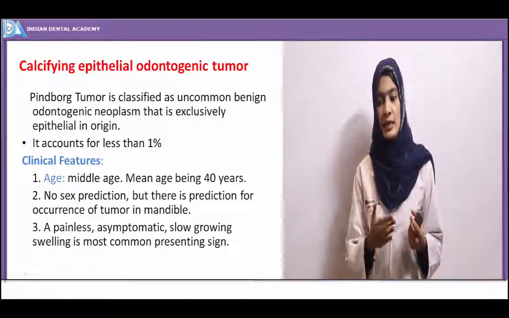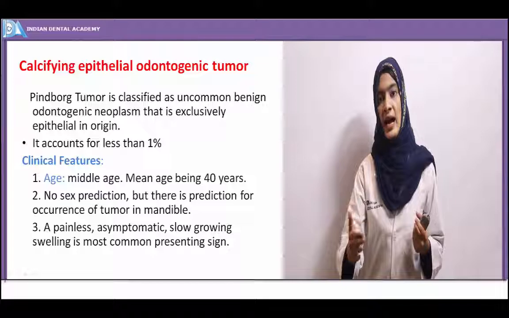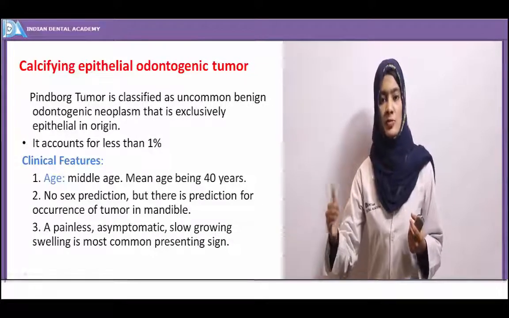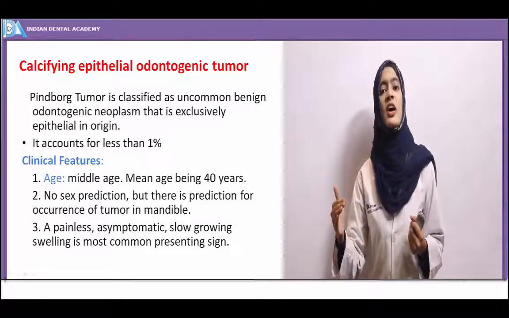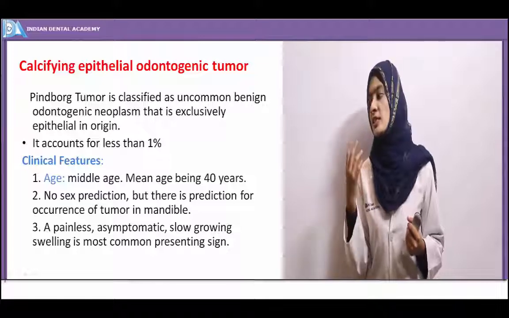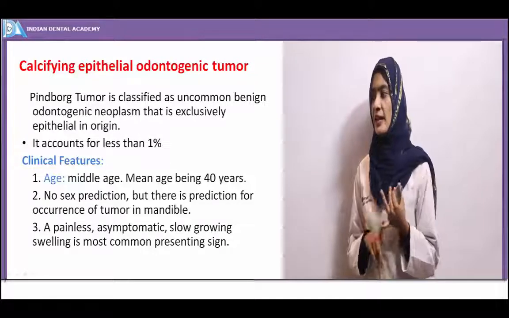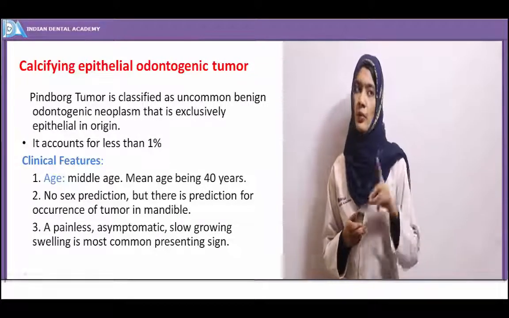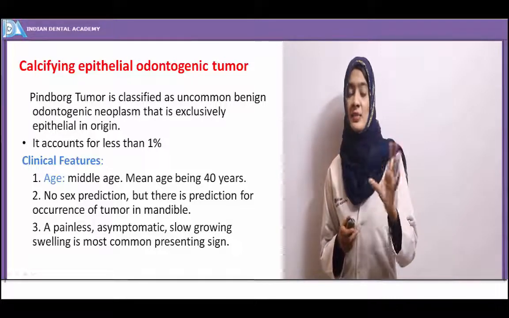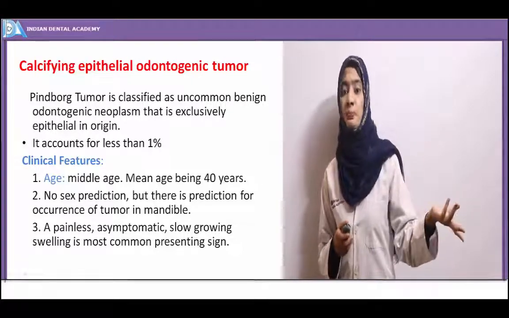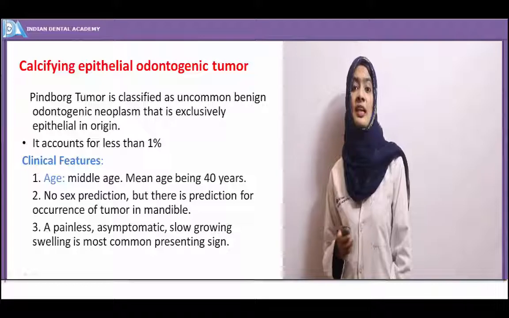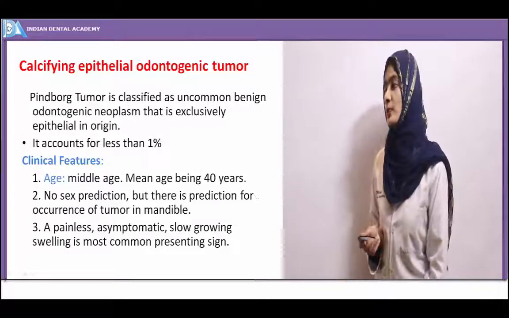Clinically this Pindborg tumor, being benign, presents as a painless, asymptomatic, slow growing swelling, most commonly seen in the lower jaw. Painless, asymptomatic and slow growing, again giving similarities between the ameloblastoma and the calcifying epithelial odontogenic tumor.